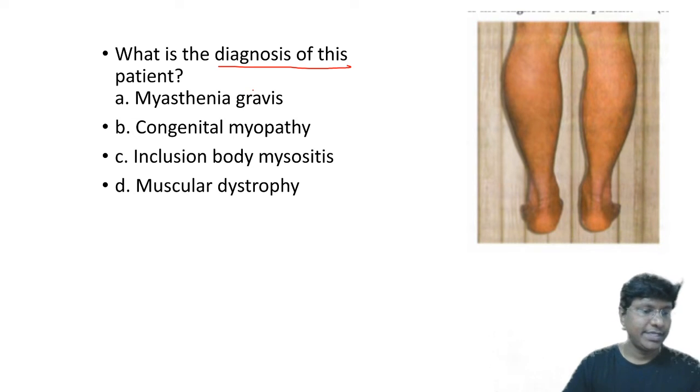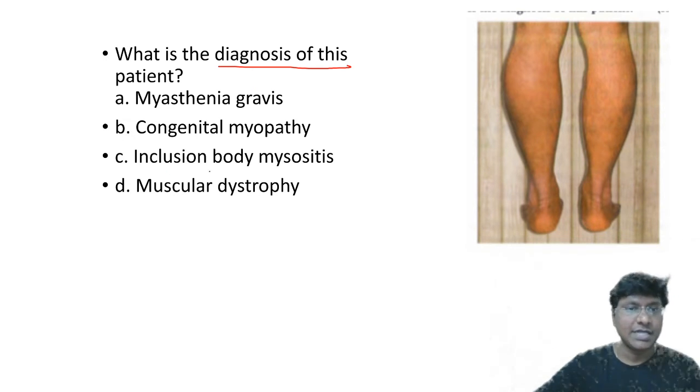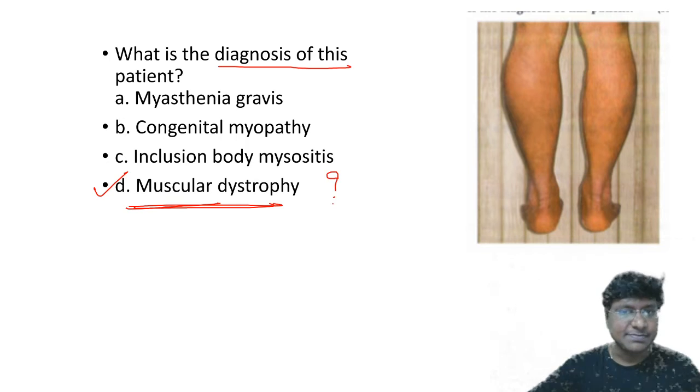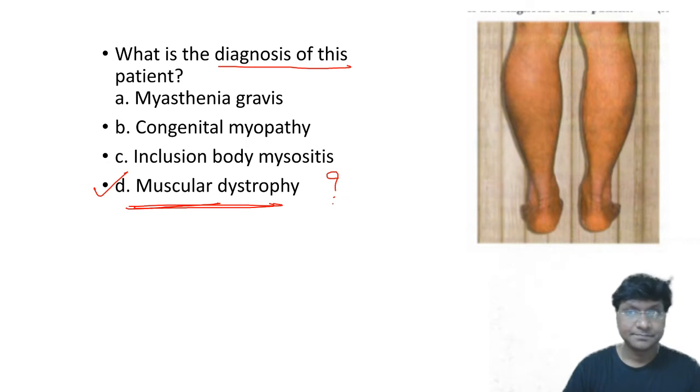Bindu, Adita, Blessy, Abhinav Babu, Raju, you have answered this correctly. That is muscular dystrophy. Can you tell me why did you answer it as muscular dystrophy? Why are you saying muscular dystrophy?